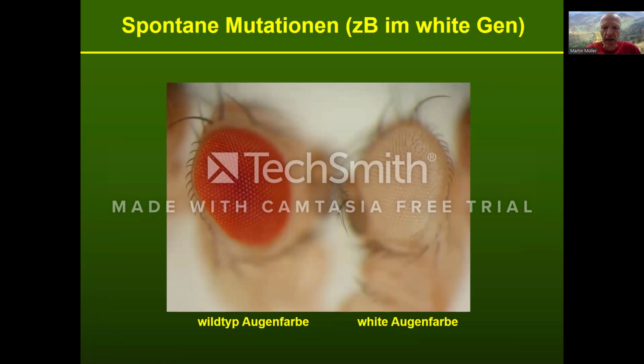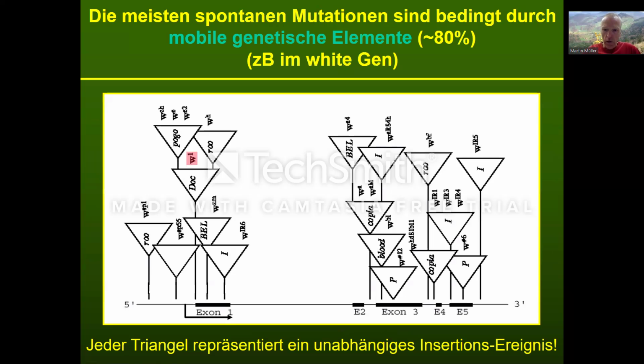Okay, spontaneous mutations. Why did this fly here all of a sudden have white eyes? On this panel, which is a little bit complicated, this is the DNA, and you can see the 5 exons of the white gene.